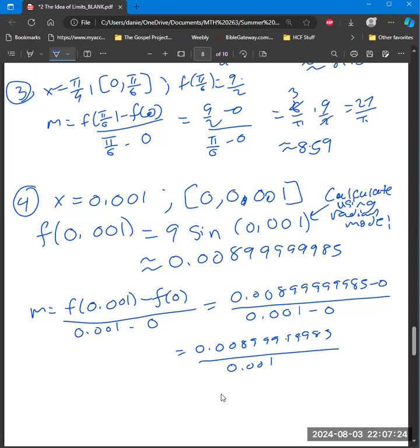Move 3 decimal places to the right, 1, 2, 3.